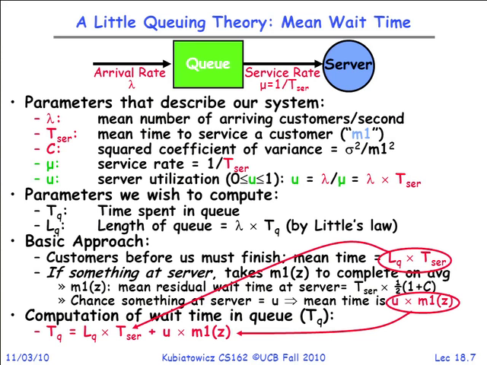How did you ever have nobody at the counter? Because this is an average calculation. So sometimes there are people in line and sometimes there aren't. And so basically this is taking into account the average behavior. Now, to do this 100% correct, there are different ways of deriving this, but you'll have to go with this one. Yeah, go ahead.